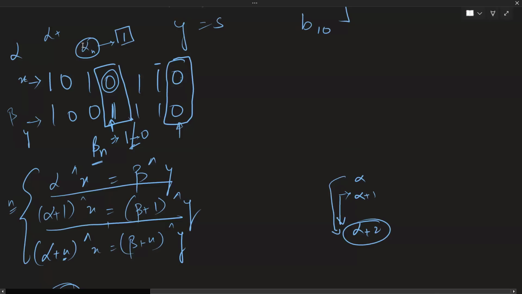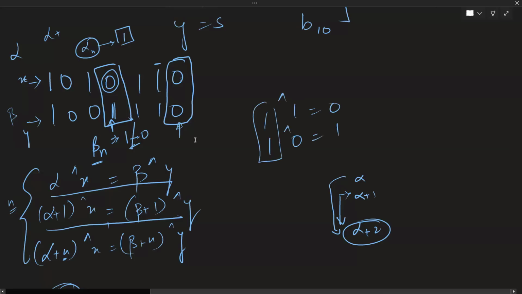Like, what do you mean by no? Deepak replied to me that no. What do you mean by no? One XOR one is zero and one XOR zero is one.